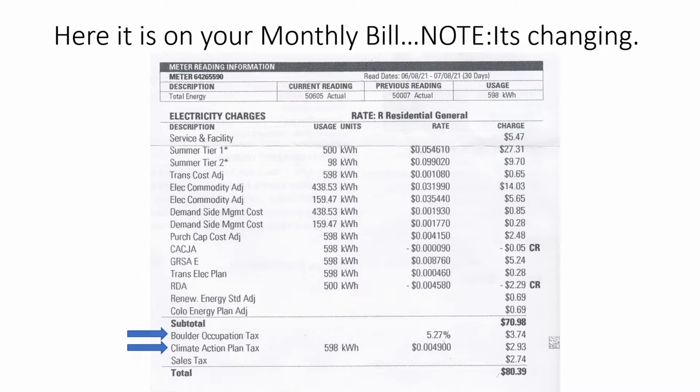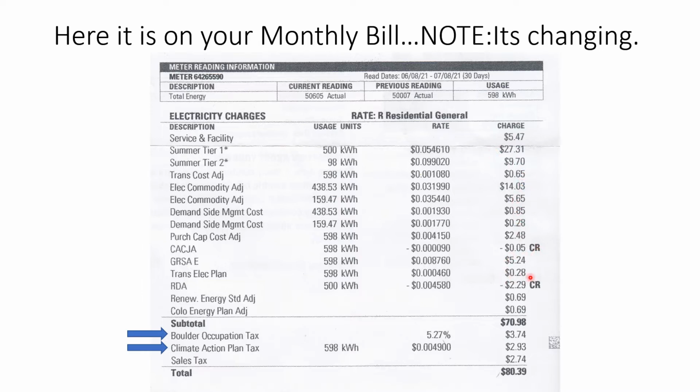So here is an example of a typical Boulder energy bill. This comes from a friend of mine who has an apartment that is all electric. And you can see here she uses close to 600 kilowatt hours. This bill is composed of a connect charge of $5.47. Here is the actual electric cost, and here's all the additional add-ons associated with that.